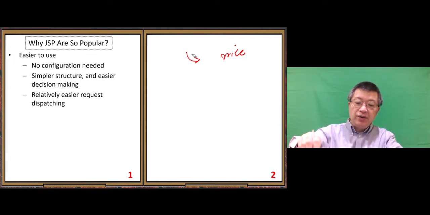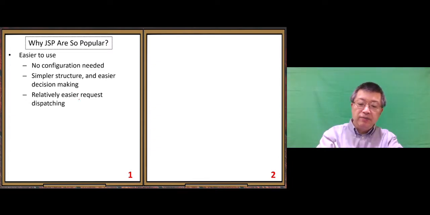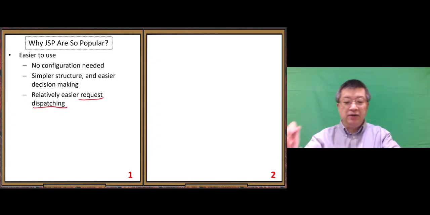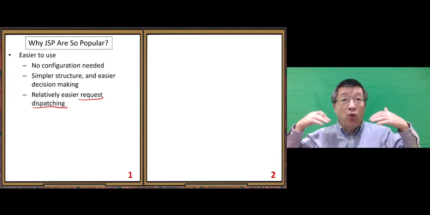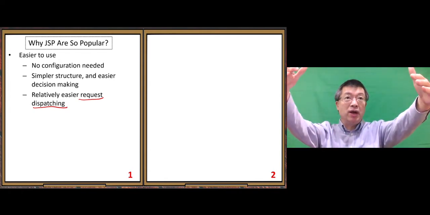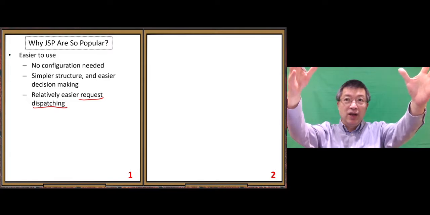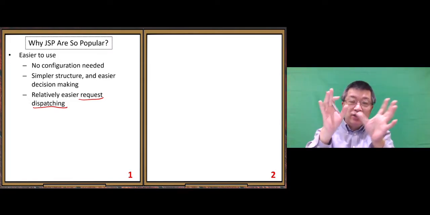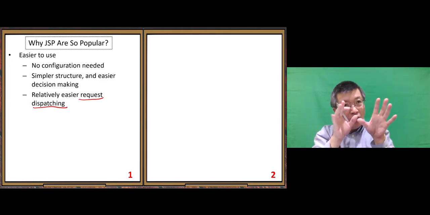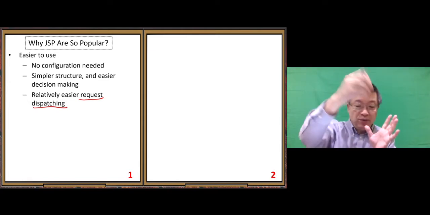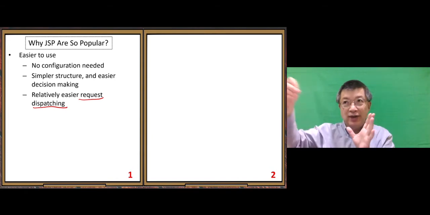Relatively easier request dispatching. Here it is a little bit technical. So what is request dispatching? When the clients send requests to your web application, you may like to assign one special file to do the request dispatching.